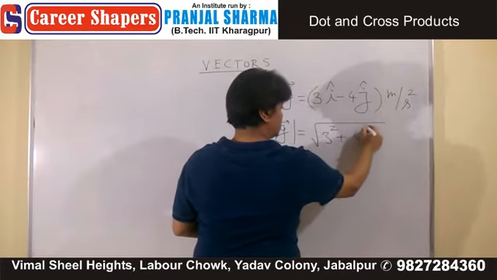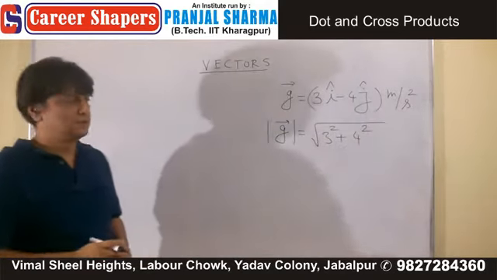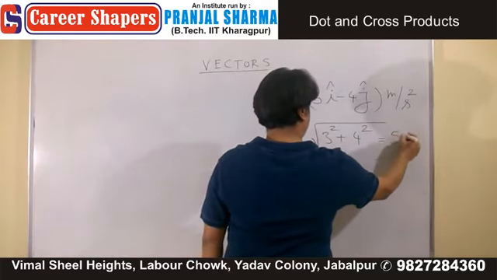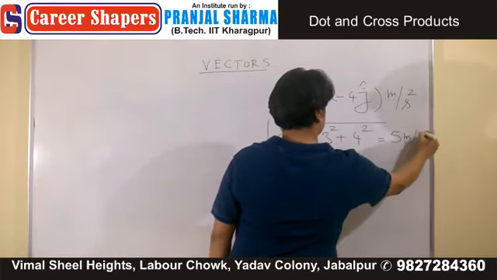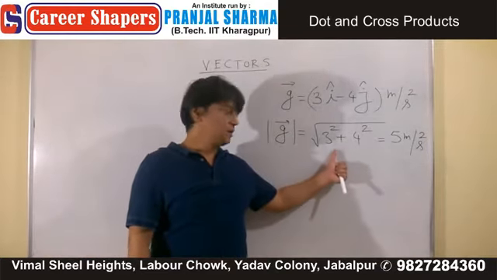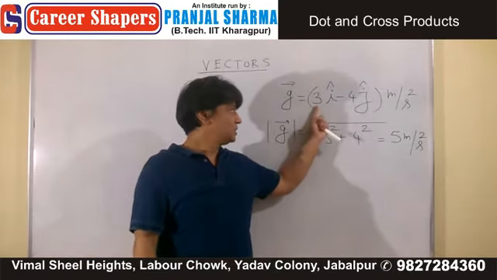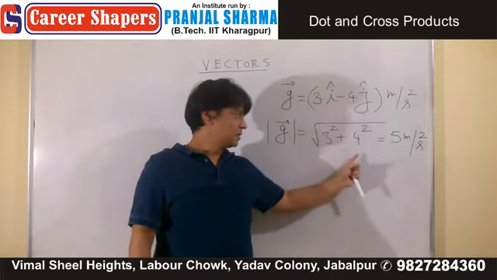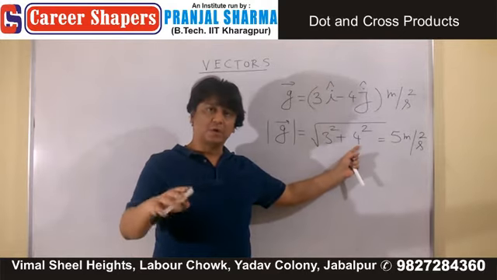Coefficient of j, square of that. Which gives you 5 meters per second square. Anything in terms of I and j, you always go for square, square. You don't have to worry about the negative sign. Upon squaring, it will be positive only.